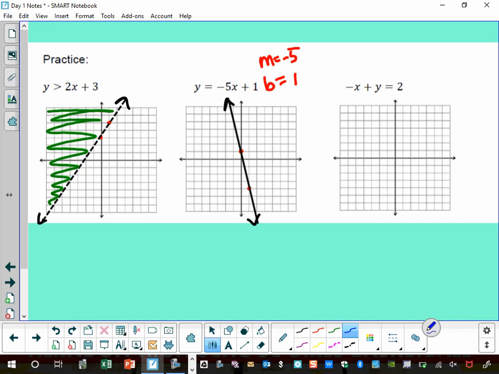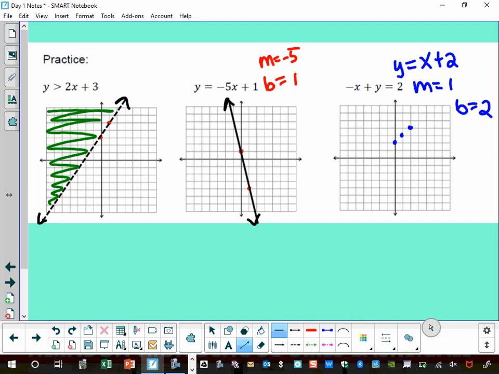Nothing to shade on the second one. On the last one, I solved for y, and I got y is equal to positive x plus 2. So my m was 1, my b was 2. Equal sign, so there's nothing else to do there.